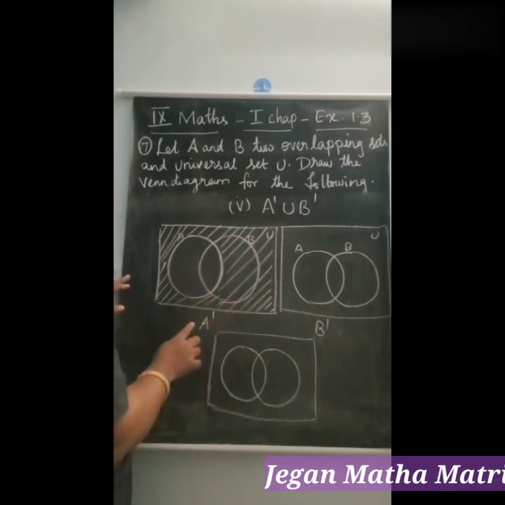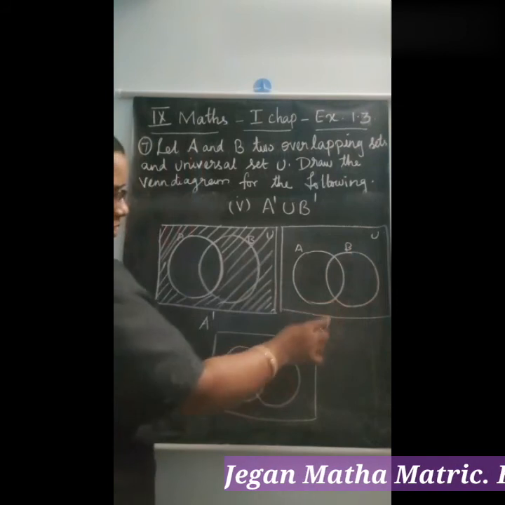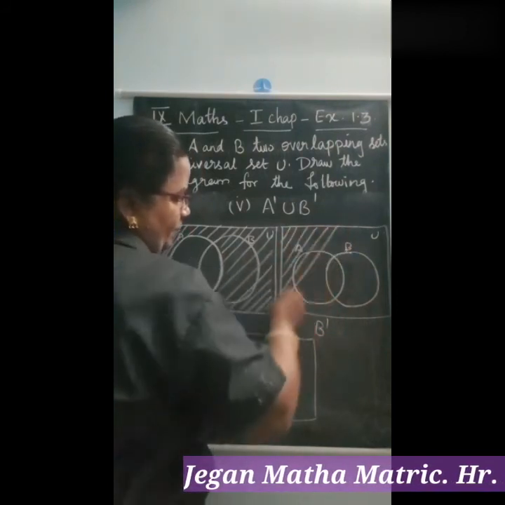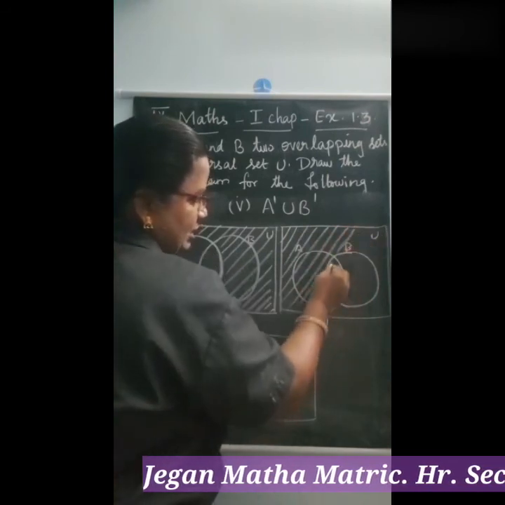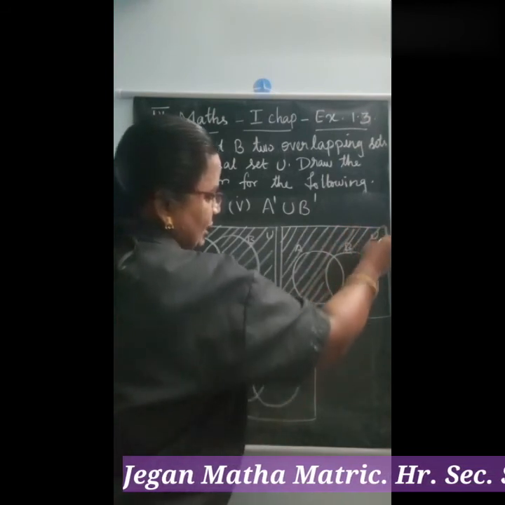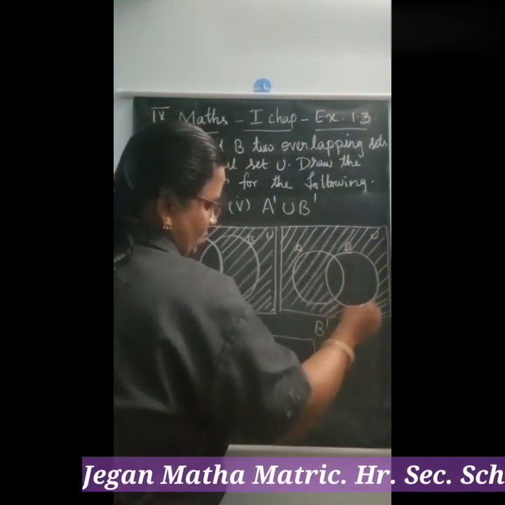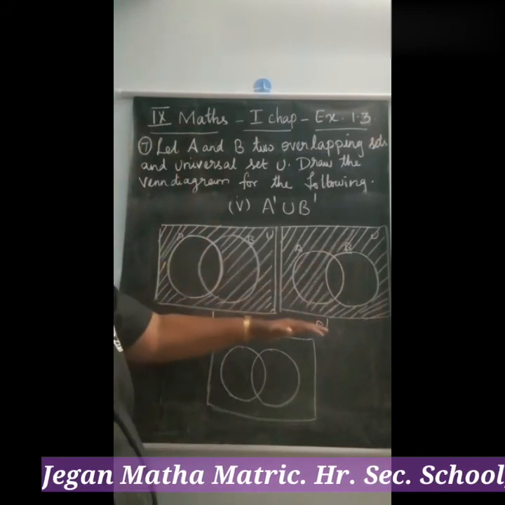This is A dash. In the same way, you have to leave this B part. So that is B dash. Except B, all the remaining terms you have to shade. Don't shade the B set. So first A dash and then B dash.